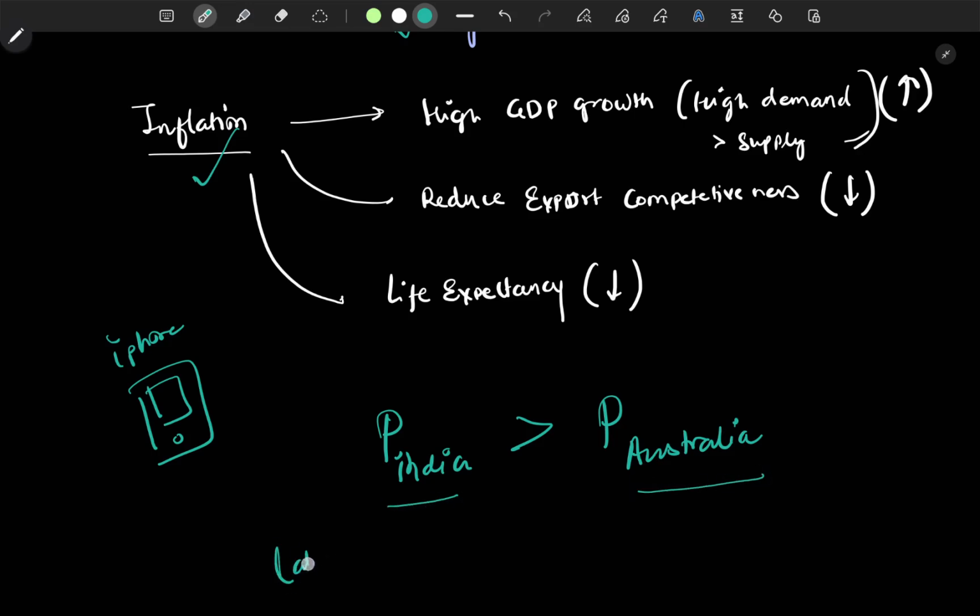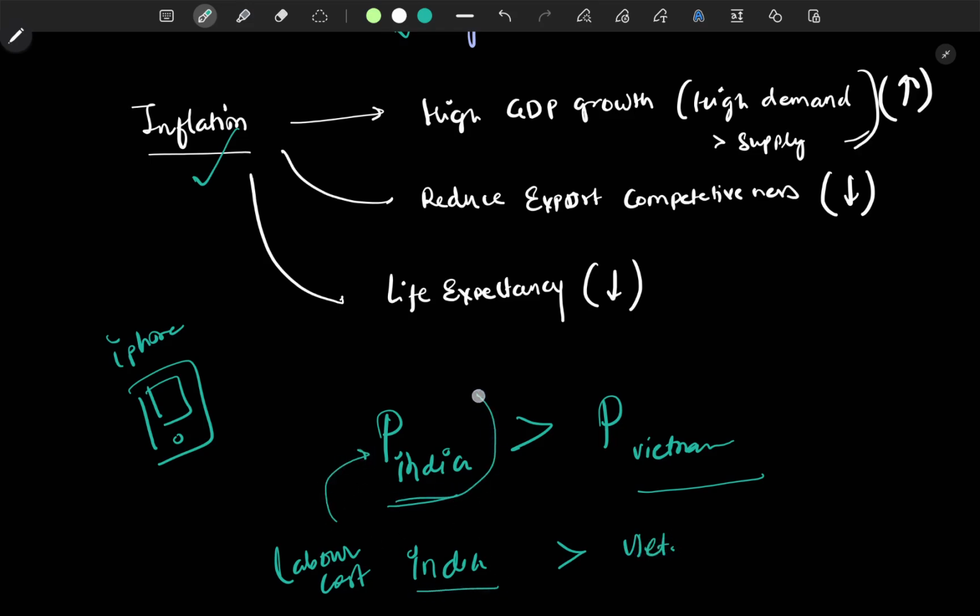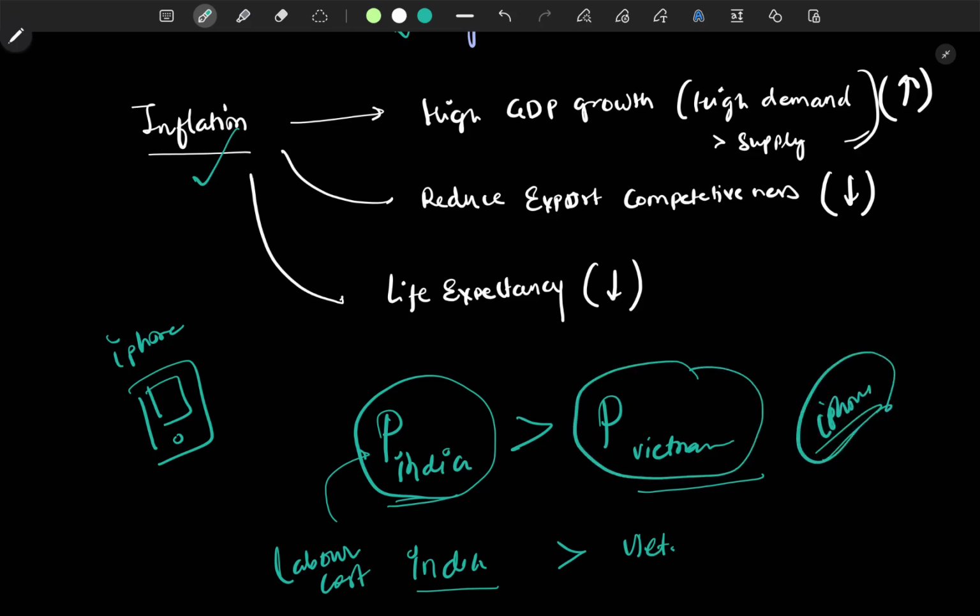Let's take Vietnam instead. The labor cost in India is higher than in Vietnam, so the price of this product will also be higher in India than in Vietnam. iPhones are costlier to make in India than in Vietnam, so Apple will choose Vietnam over India.